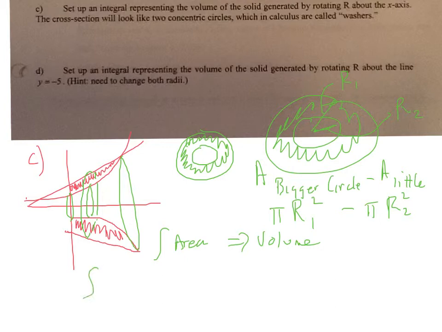Well, it's still 0 to b, and for my bigger circle, I need to take pi times its radius, which is the radius of the larger circle.